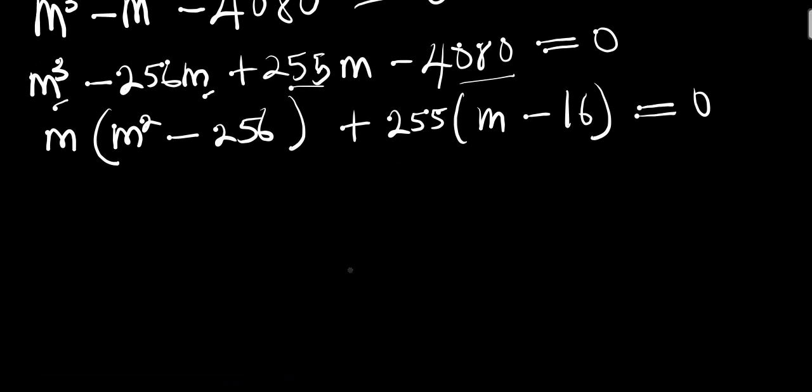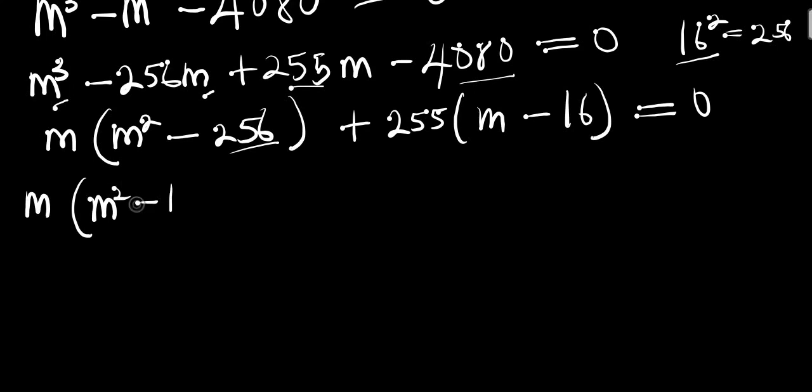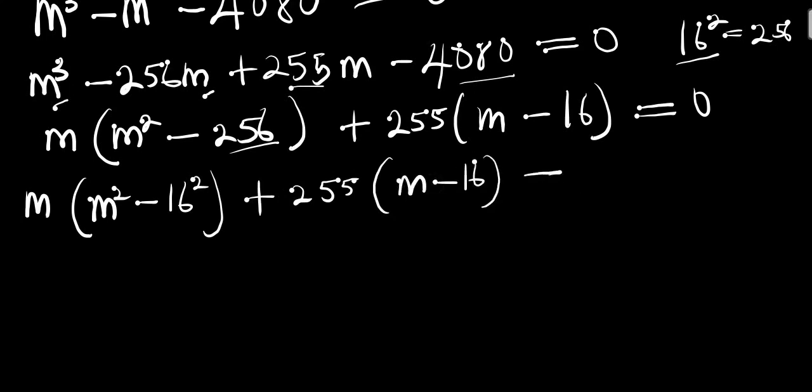So what we are going to do next is, we recall that 16 squared is equal to 256. So we are going to replace 256 with 16 power 2. So we are going to have m into m squared minus 16 squared plus 255 into m minus 16, and this equals 0.